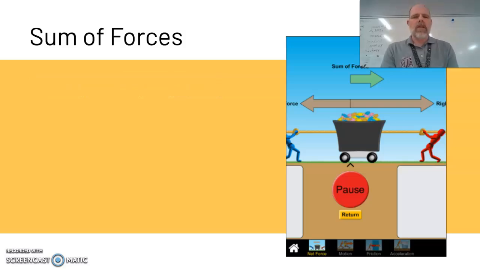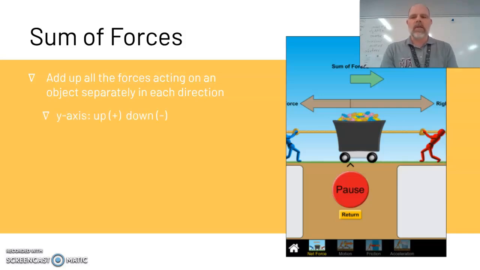Okay, so let's talk a minute about the sum of forces. You can add forces together, just like you can add any kind of vector together. You add up all the forces acting on an object separately in each direction. If we're thinking about the forces in the x direction, you're going to add up those forces. And then if we think about the forces acting in the y direction, you're going to add up those forces separately, so you have the sum of forces in the x direction and the sum of forces in the y direction.